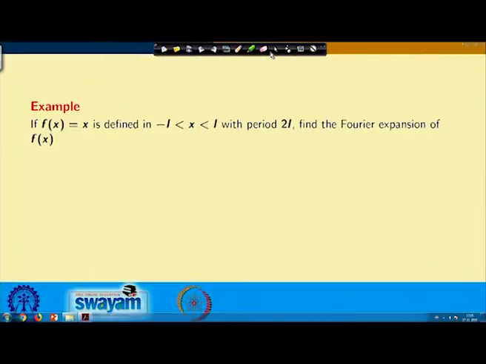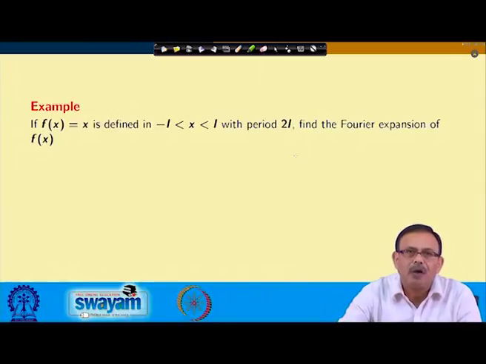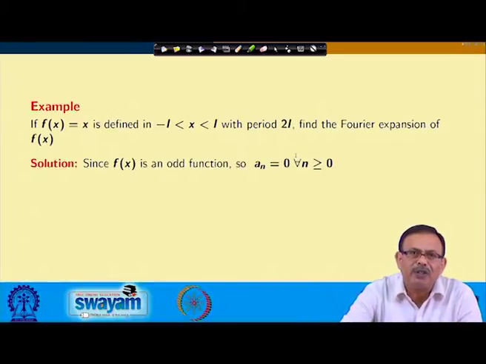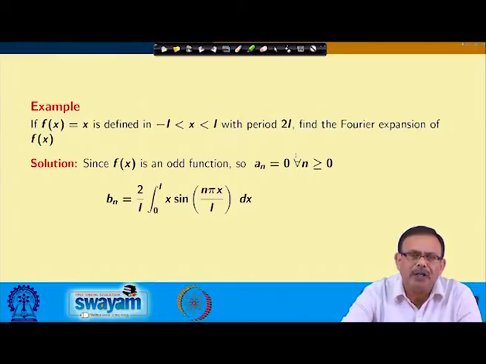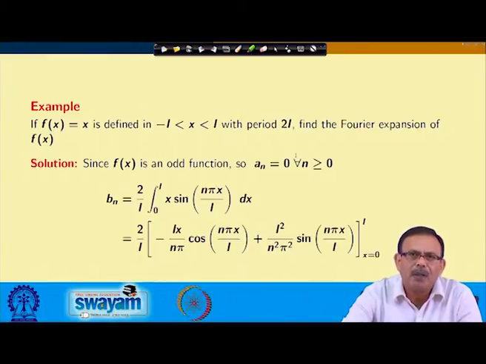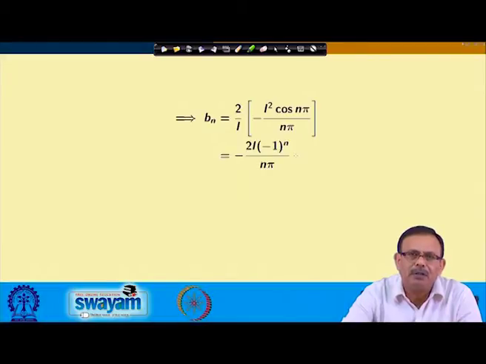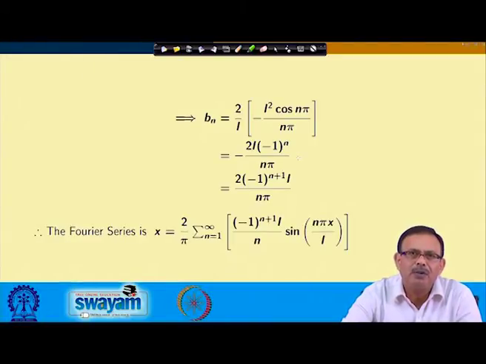Let us see this thing quickly. So, f(x) is an odd function, so a_n is 0 for all n including n naught. Your b_n will be then from the formula 2 by L integral 0 to L x sin(n pi x by L) dx. If you evaluate the limit, you will obtain the value as 2 into minus 1 to the power n plus 1 into L by n pi.